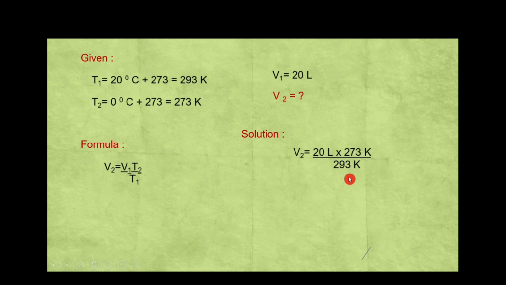So you need to cancel the same unit and then multiply 20 times 273 divided by 293. So the final answer is V sub 2, or final volume, is equal to 18.63 liters.